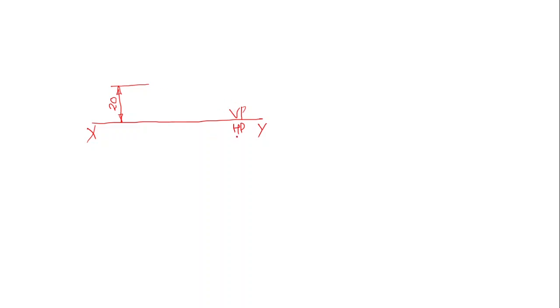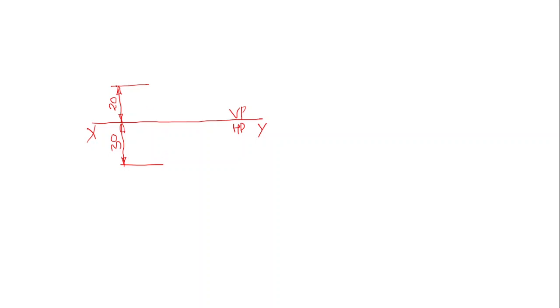Then similarly, we can represent distance from VP in HP. Here distance from VP is equal to 30 mm, so we represent that 30 mm here in HP, and this is the locus of top view.